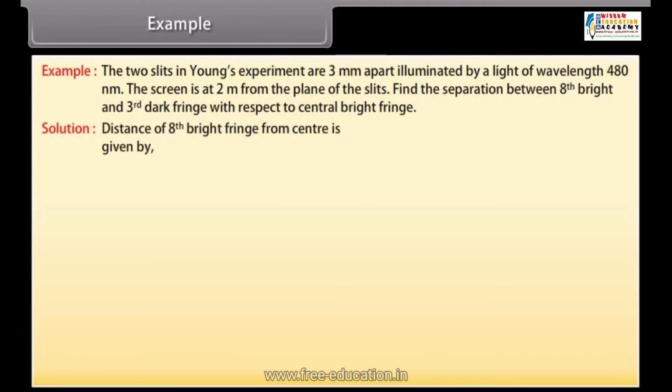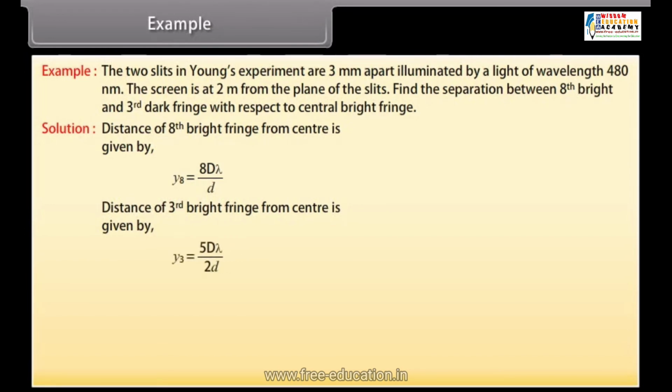Distance of the 8th bright fringe from the center is given by 8Dλ/d. Distance of the 3rd dark fringe from the center is given by 5Dλ/2d. We have y is equal to y8 minus y3.